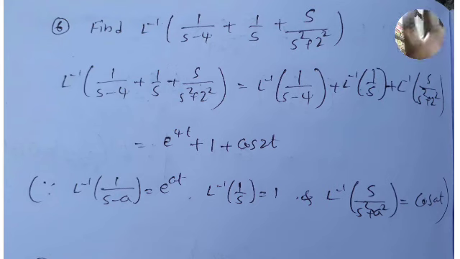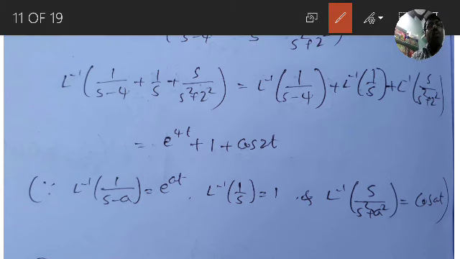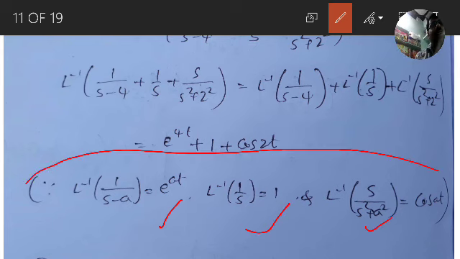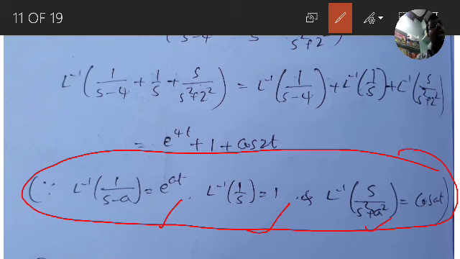Here we are using the formulas. L inverse of 1 by s minus a is e power of at, L inverse of 1 by s is 1, L inverse of s by s square plus a square is cos at. These 3 standard formulas give the answer: e power of 4t plus 1 plus cos 2t. Very easy. If you know the formulas, you can write the answer.